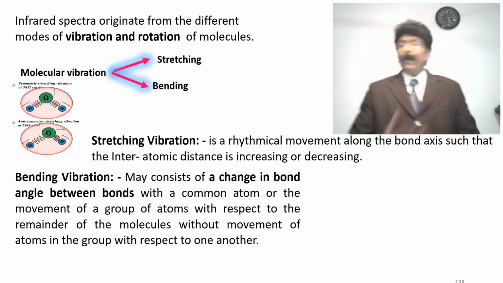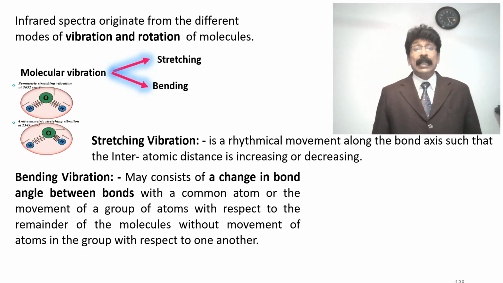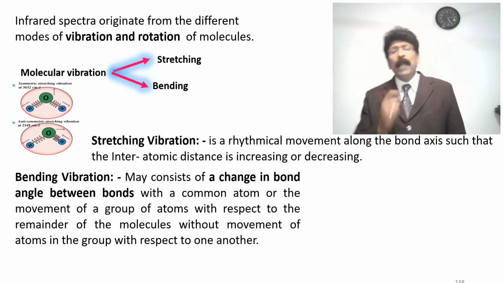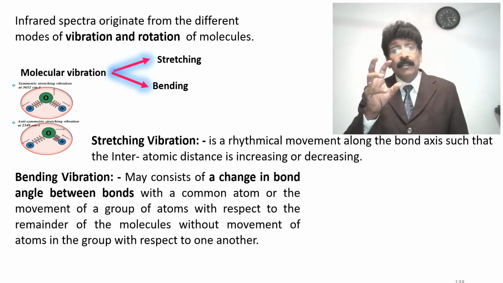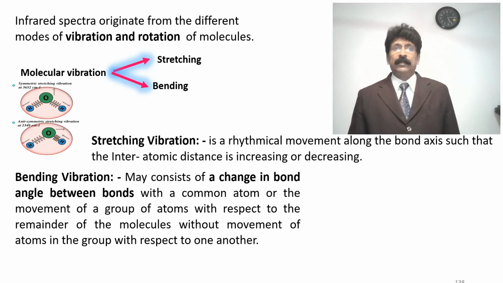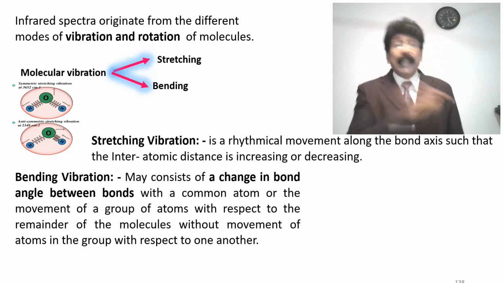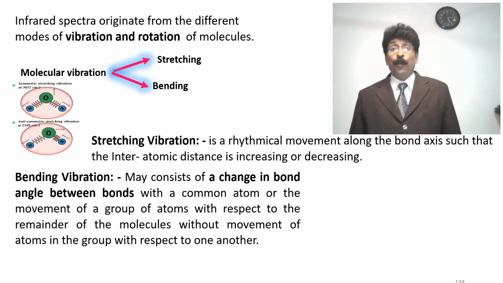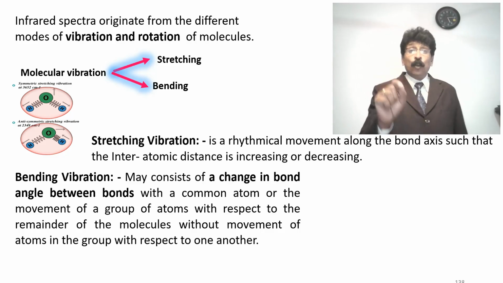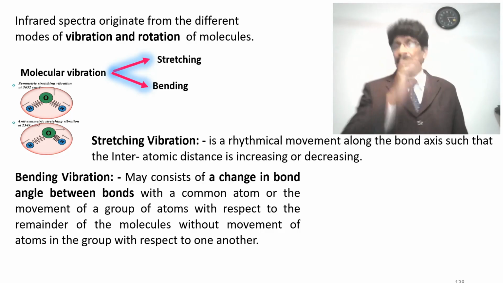It may consist of a change in bond angle between bonds with a common atom, or the movement of a group of atoms with respect to the remainder of the molecule, without movement of the atoms in the group with respect to one another.